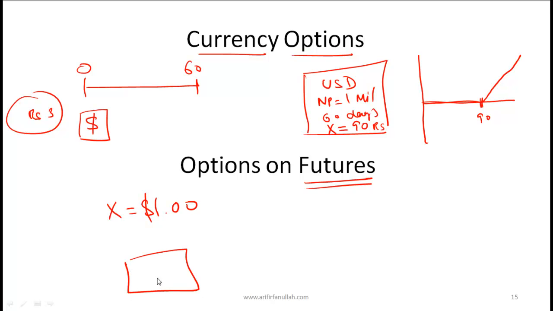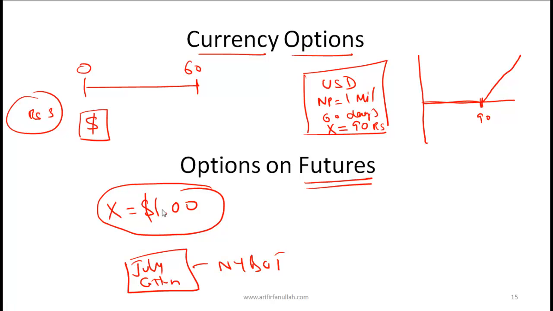So the underlying will be a particular futures contract. This might be the July contract for cotton on the New York Board of Trade, to be somewhat specific. And a strike price of 1 means that on the expiry of this call option, the holder of the call option has the right to get this underlying contract for $1.